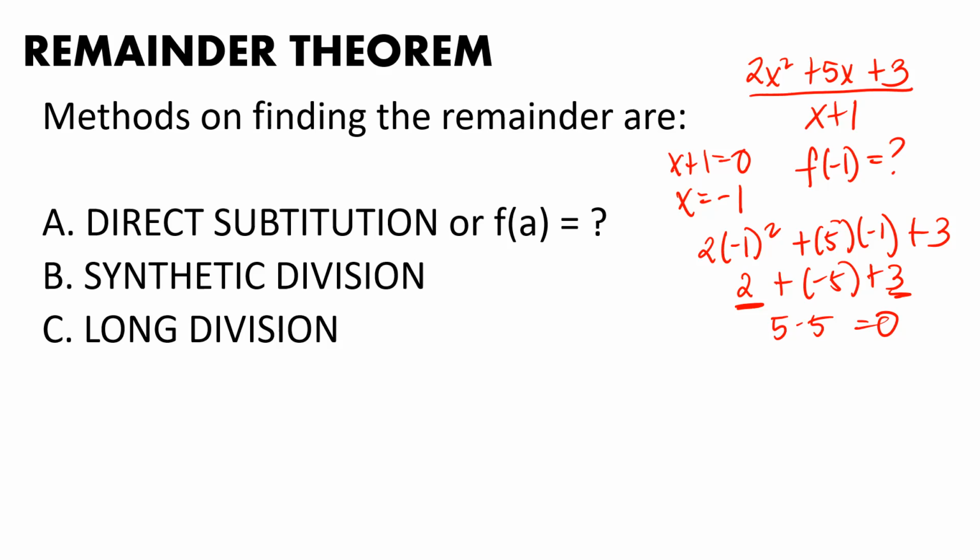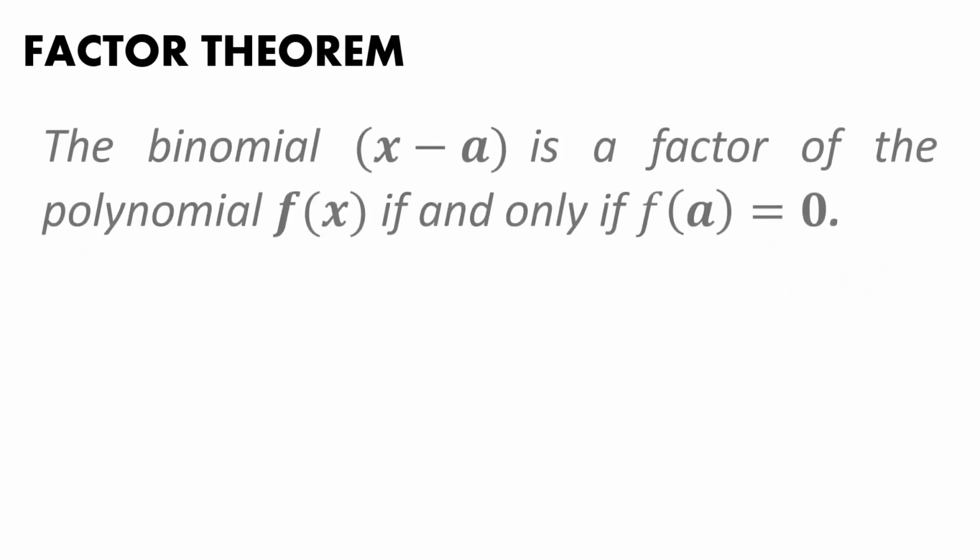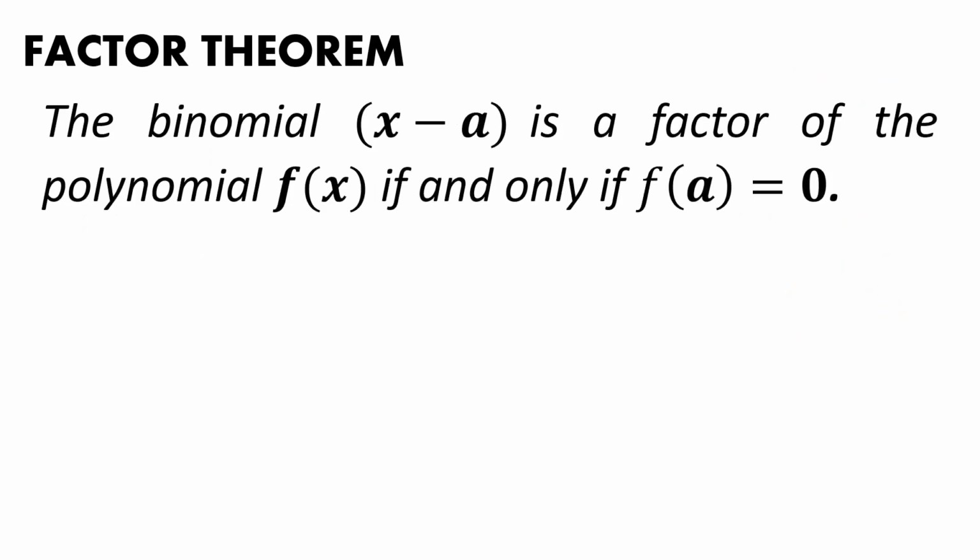Okay? Now, the factor theorem. If we have a binomial x minus a, it is a factor of the polynomial f of x if and only if f of a is equal to 0. This means that when our remainder is 0, the given binomial is automatically a factor.